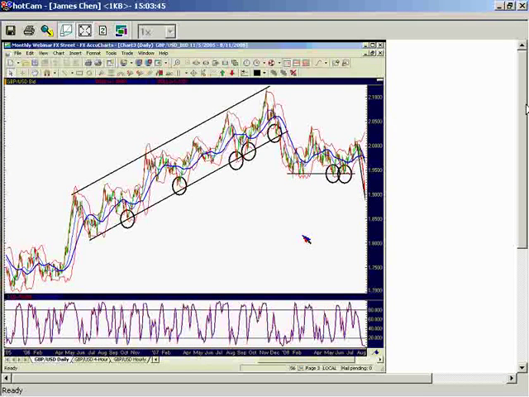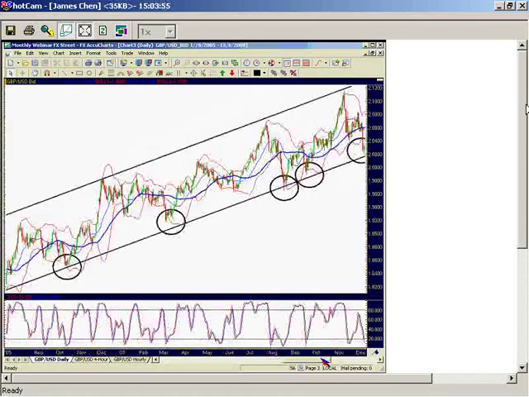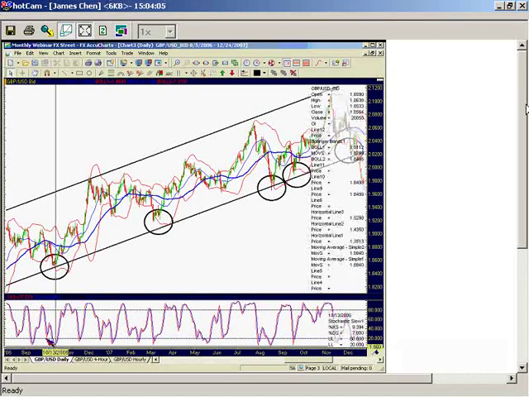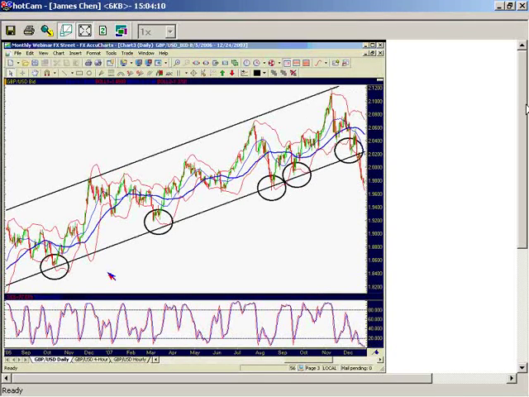Okay, so I've got an uptrend here, and it's a little hard to see, because I got a lot of stuff here. Now I'm looking for confirmations on several levels. I'm looking for turns on the oscillator, in this case the 14-3-3 slow stochastics, which I use. You may use RSI or what have you.